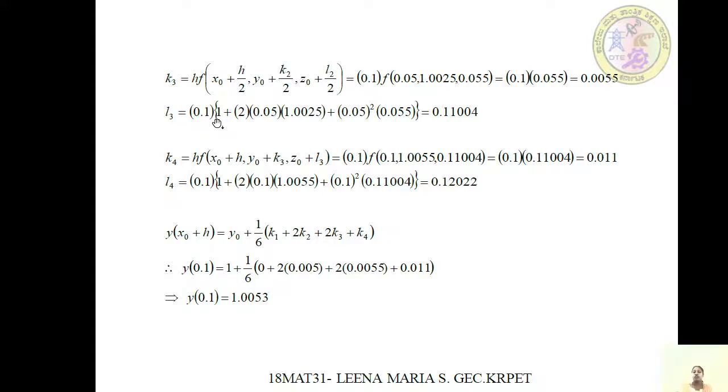So L3 is 0.1 times 1 plus 2 into x, which is 0.05, into y, 1.0025, plus x square, which is 0.05 square, into z, 0.055. Simplifying and multiplying with 0.1, we get 0.11004. So these are the values for K3 and L3.